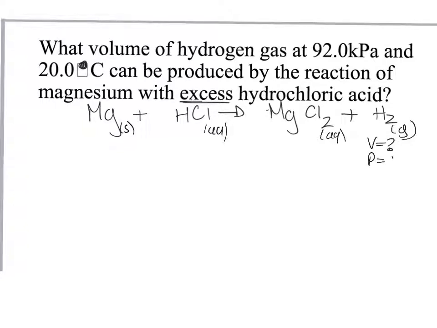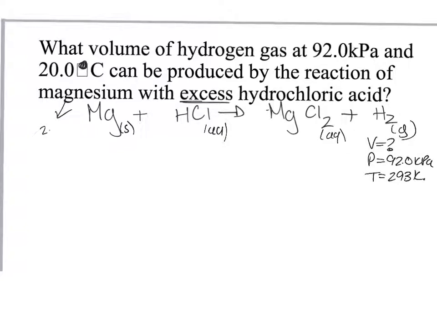They tell us the pressure, and the temperature would be 293 kelvins. And I think we are missing something in this question. Yep, we are missing a mass of magnesium.